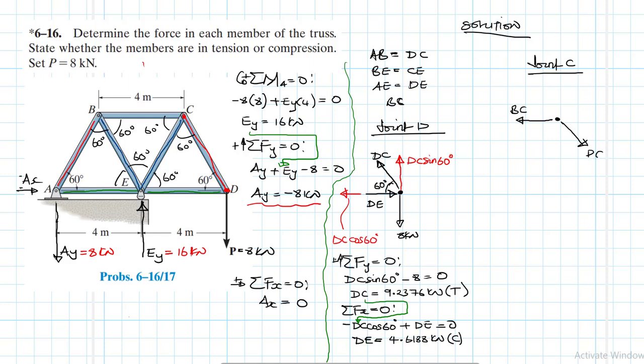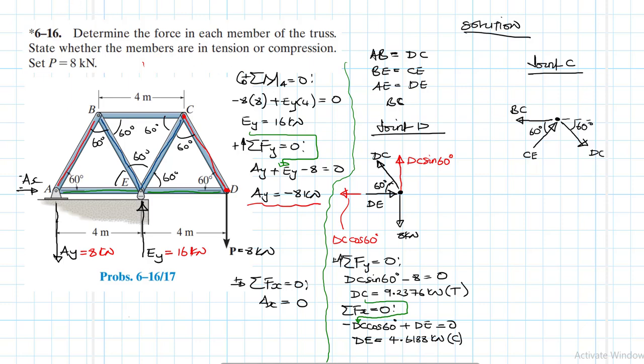This is DC, we already calculated it. And then we are assuming this one to be in compression, which is CE. This angle here is 60 and so is this angle here.